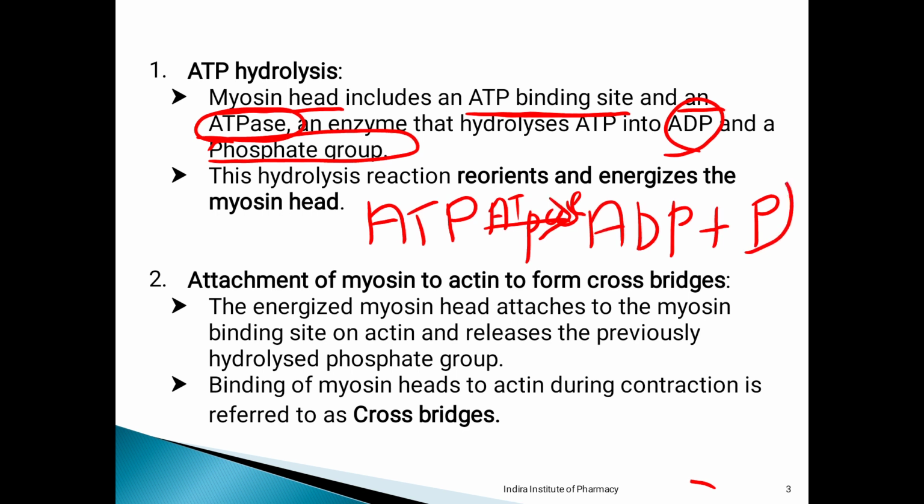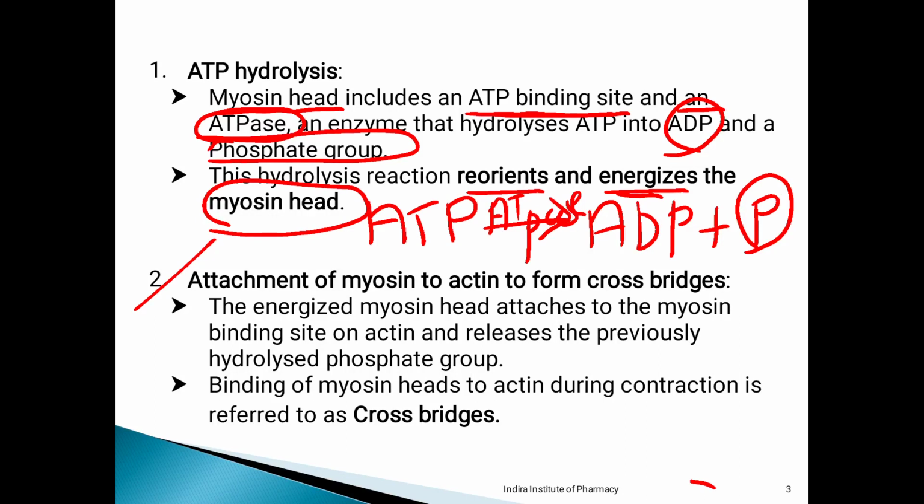This phosphate group will provide energy for the myosin head. Now the myosin head is full of energy. So now we'll see the next step.